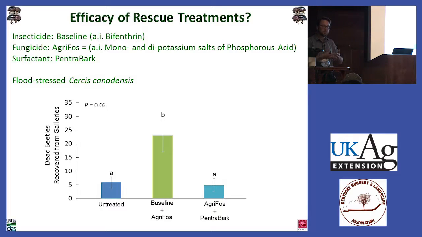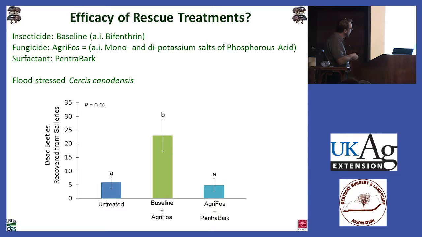In other words, after a tree has been attacked, can we apply a product and try to get some disruption of that colony? And so we flood stressed trees, allowed beetles to attack them, and then after 2 weeks we treated with Baseline, which is bifenthrin, and Agrifos.